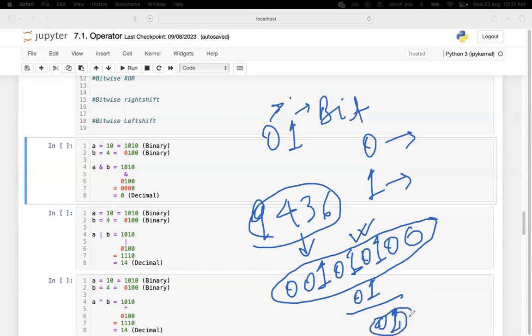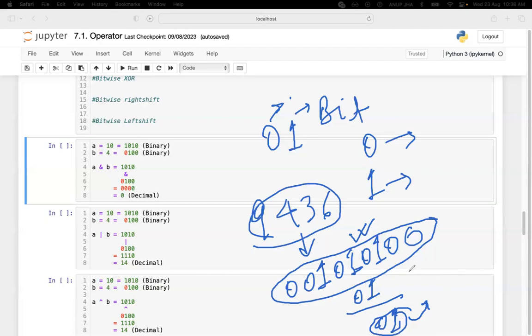Thereafter, this 0 and 1 will get converted by the interpreter into a form which is understandable by human beings. Internally, any program works like this. It will convert your given input into the form of 0 or 1, then process it, and return the output in the form of 0, 1.